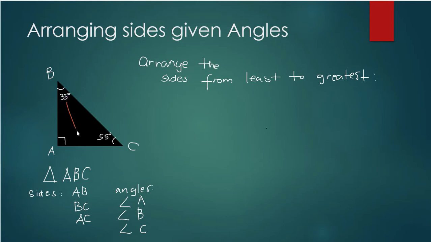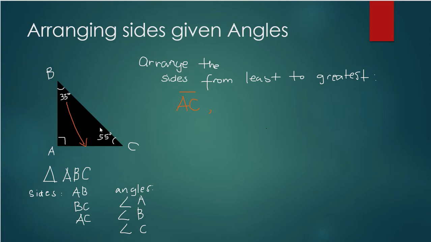So if this is 35 degrees, therefore the least side, or the lowest measure side, would be AC. We're going to arrange the sides from least to greatest. Opposite to the least angle, 35 degrees, the least side would be side AC. You can put a short line on top.